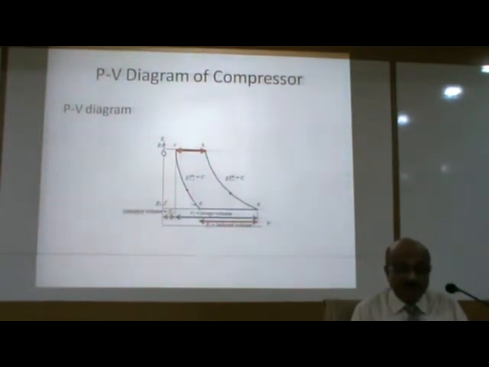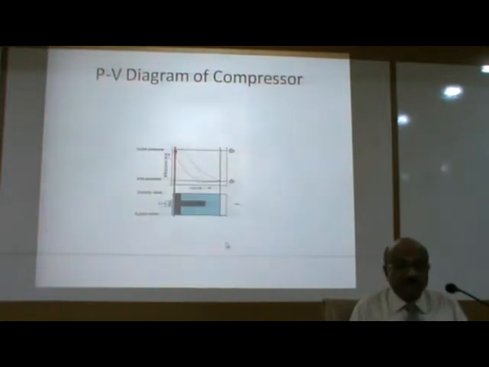Then C to D is the expansion, again a polytropic process, and D to A is the suction. Here is a clearer PV diagram coupled with the piston movement in the cylinder, and the valve operations and their effect on the PV diagram are also shown in this figure.